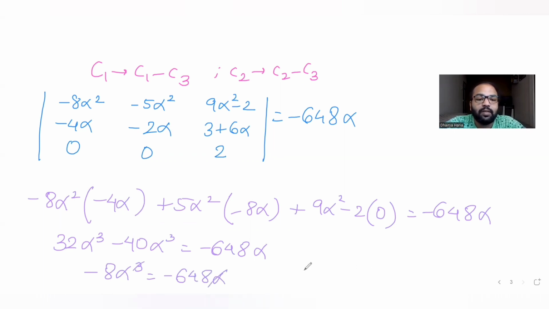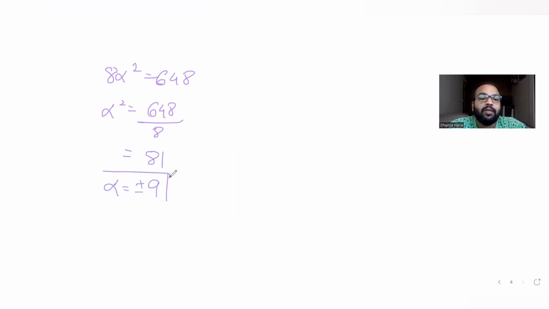Alpha gets cancelled, minus gets cancelled. We have got 8 alpha square is 648. And when I see this, alpha square becomes 648 by 8, that is nothing but 81. And alpha square when it is 81, if I take the square roots, I get two values of alpha, that is plus 9 or minus 9.